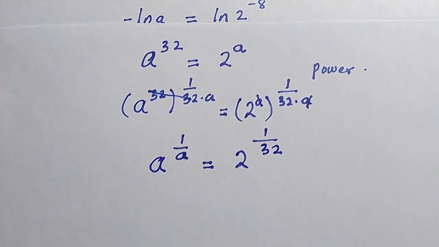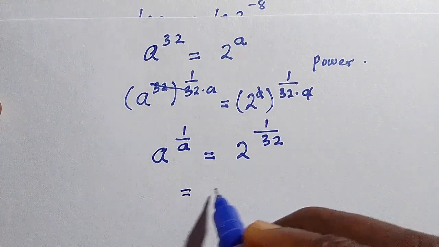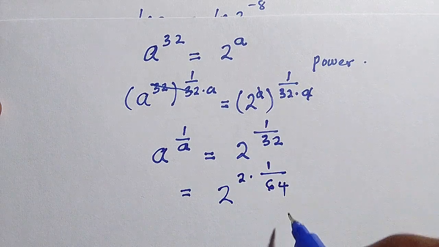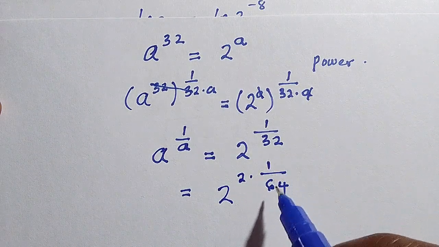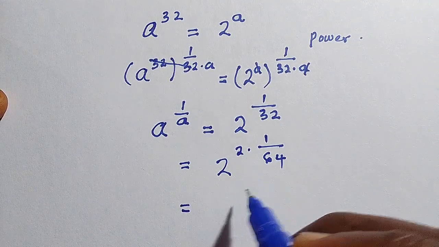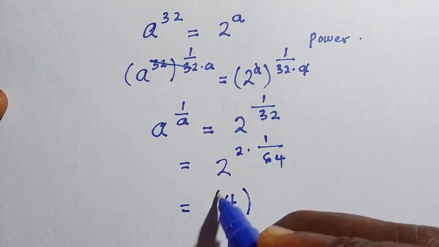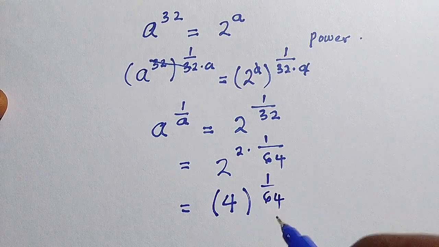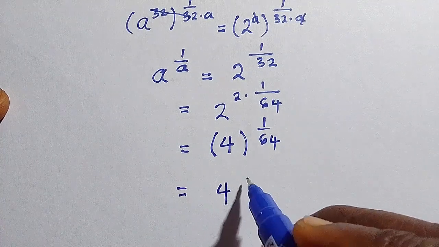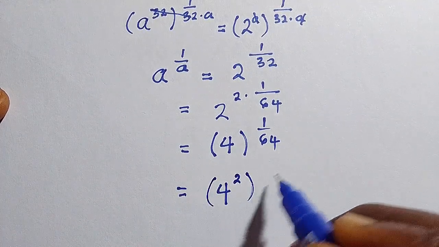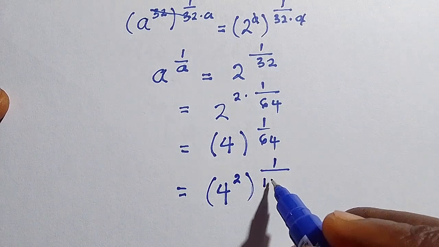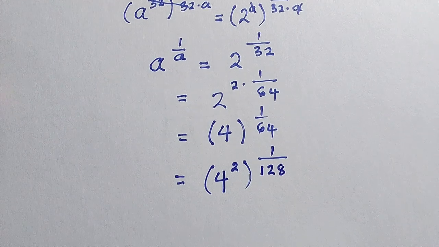And suppose I rewrite this thing as 2 to the power of 2 multiplied by 1 divided by 64. We agree that this is still 1 divided by 32. And for every 2 to the power 2, we consider it as 4, and all raised to power of 1 divided by 64. Then again, we have this as 4 to the power of 2, all raised to power of 1 divided by, when we multiply this one by 2, we are going to get 128.